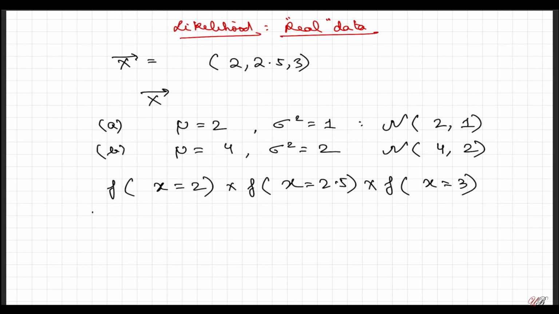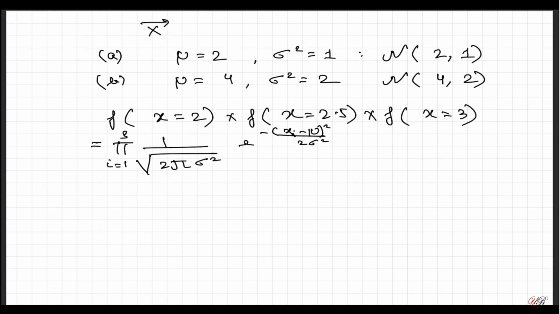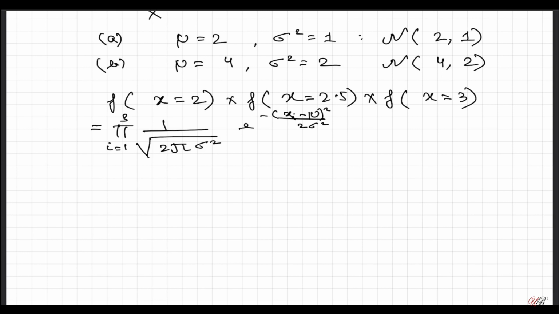If x is coming from a normal distribution, it can be written as 1 upon root 2 pi sigma square e raised to power minus x minus mu whole square upon 2 sigma square. And here, since we have three values of x, xi would vary from 1 to 3. Now all we have to do is plug the values of sigma square and mu for the two cases.